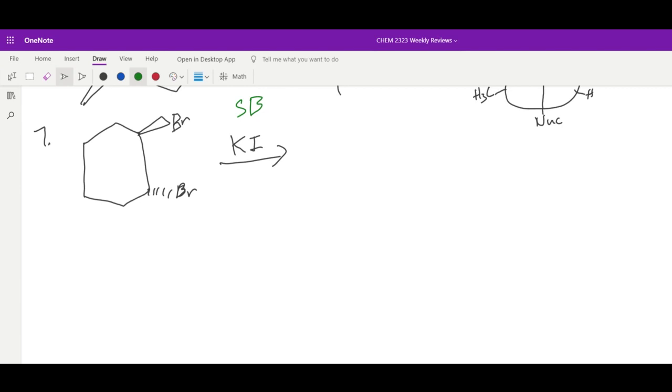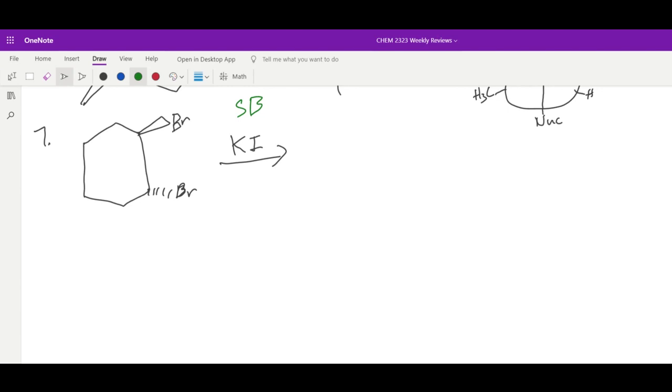Okay. So I have two bromines, right? So which one do I pick? Really, it doesn't matter. All you need to know is that there is no anti-coplanar hydrogen.